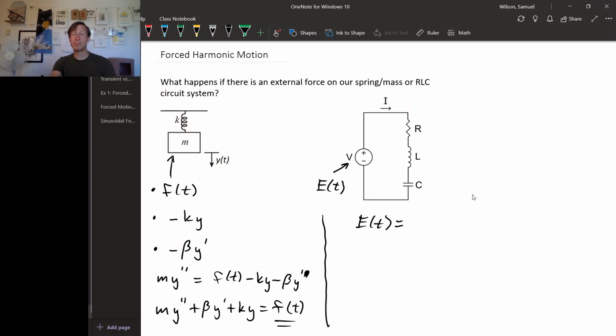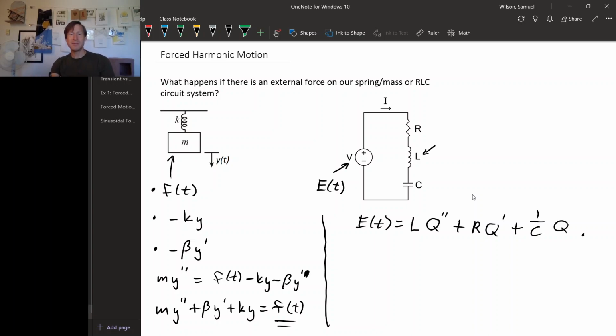The voltage drop across the inductor is the inductance times the second time derivative of charge on the capacitor. Remember, Q is charge on the capacitor here. The voltage drop across the resistor is the resistance times the current through the resistor, which is Q prime. And the voltage drop across the capacitor is 1 over the capacitance times the charge on the capacitor.